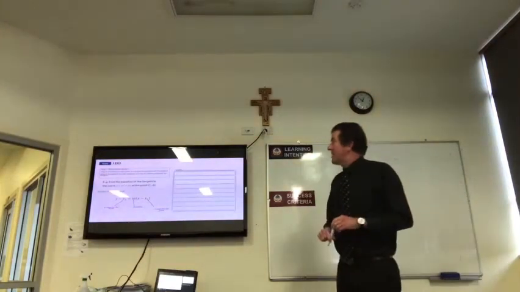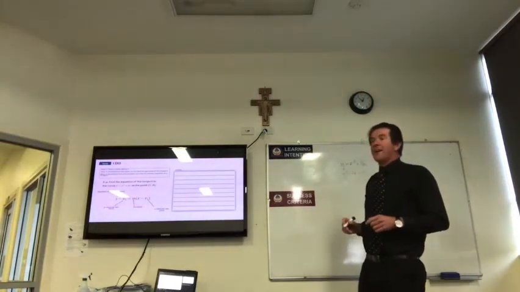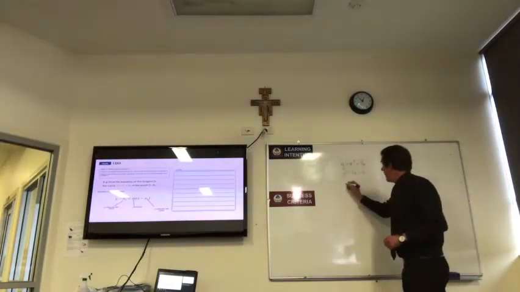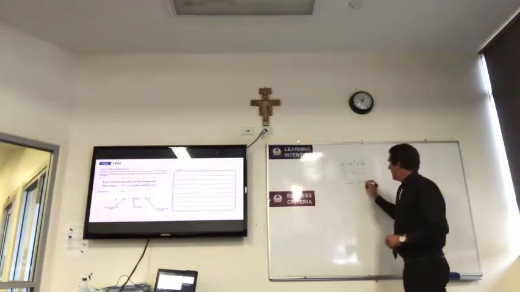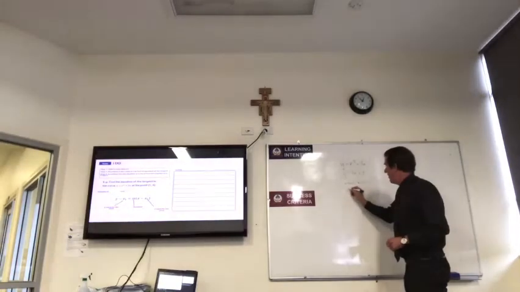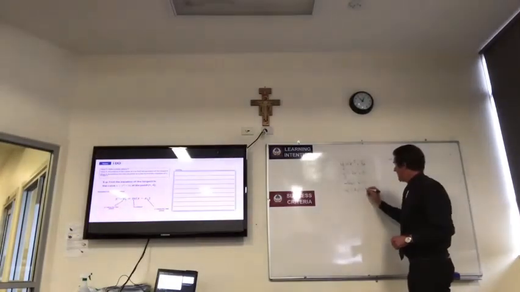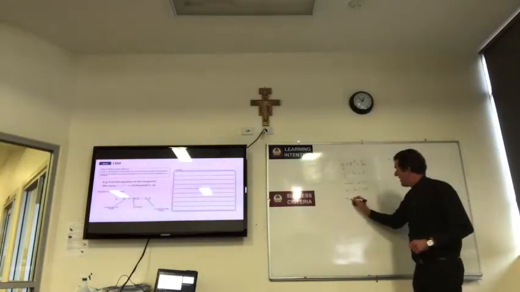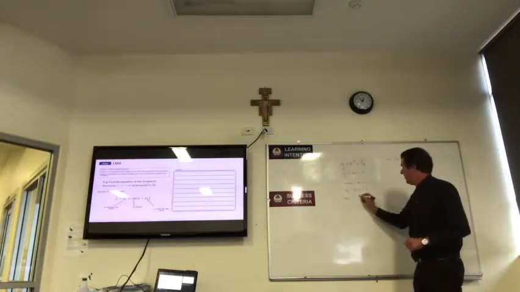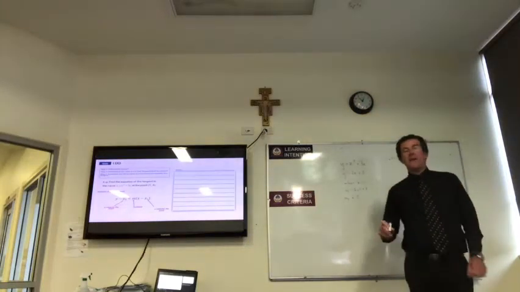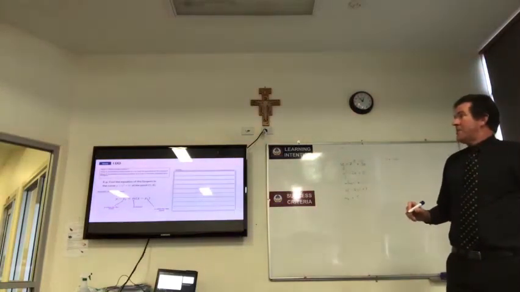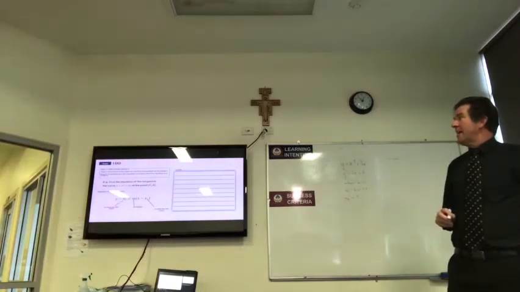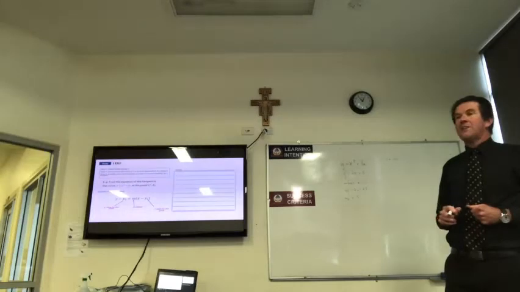So step 2, I substitute in the value of x to find the gradient of the tangent. So the value of x is 1. So when x equals 1, y dash equals 2 times 1 plus 3. And instead of now writing y dash, I'm going to write the gradient of the tangent equals 5. Okay? Step 3, so that's the gradient of the tangent. Step 3, substitute into the equation of a line to find the equation of the tangent.